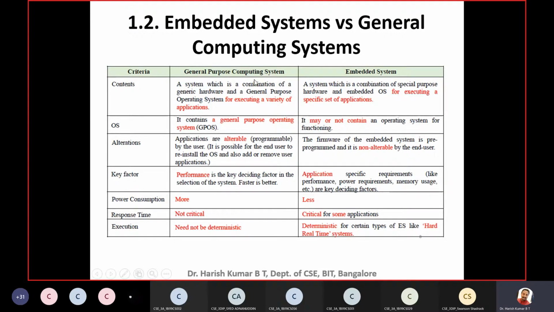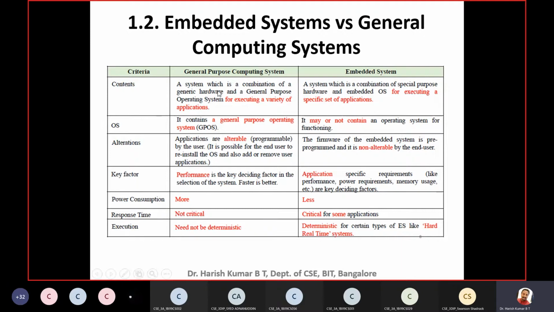If I take a general purpose computing system, which is your normal desktop or laptop computer system, it is a combination of generic hardware and a general purpose operating system. Why do we say generic hardware? Because the hardware here is more generalized, and can be used for performing any type of computation.